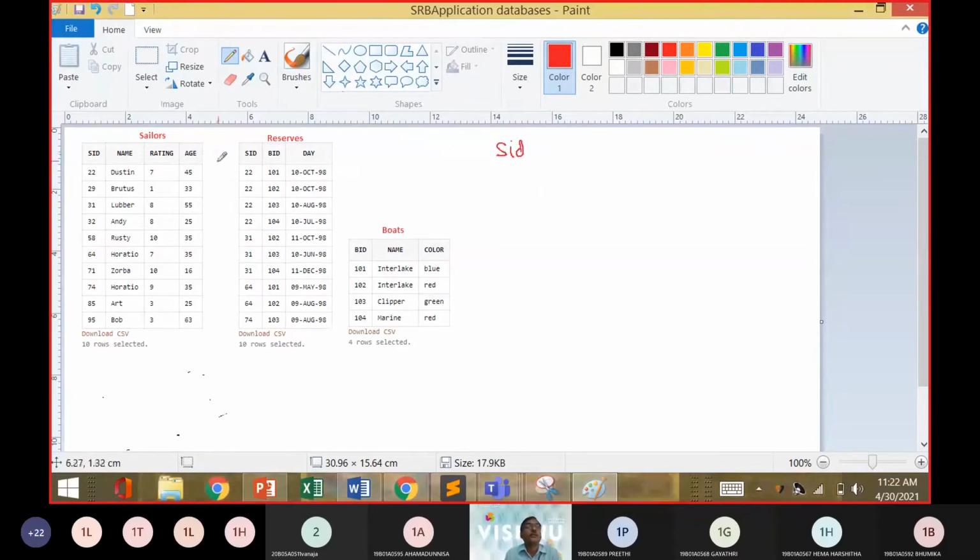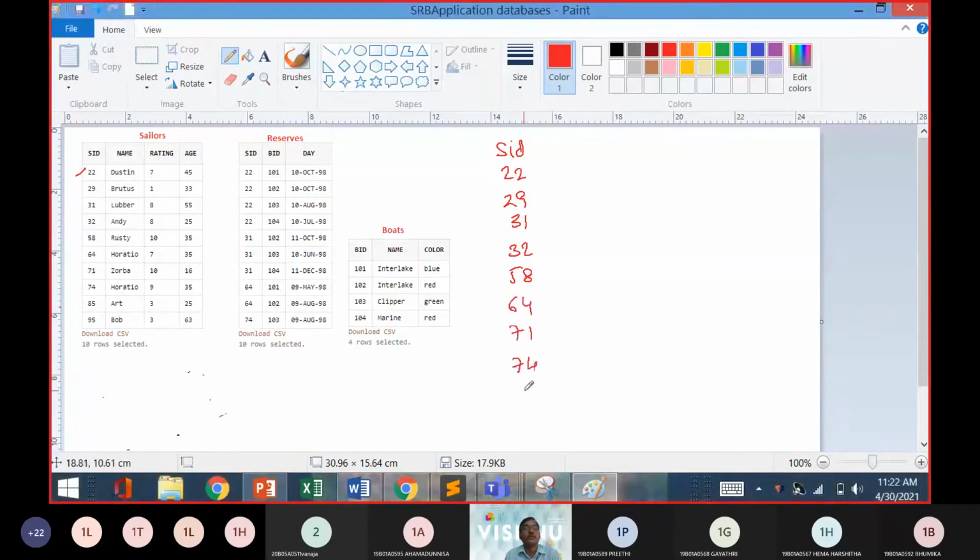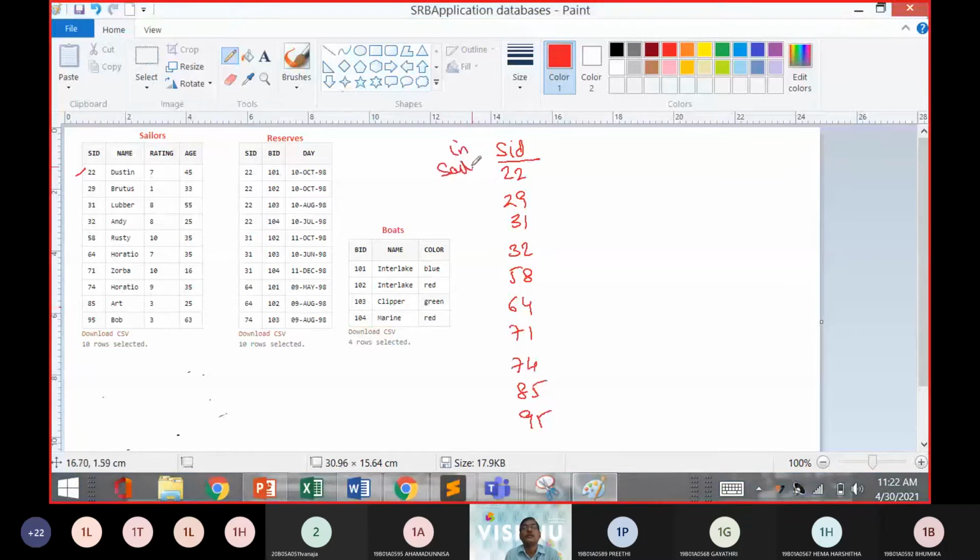What are the sailor IDs? You can tell me all these, no problem: 22, 29, 31, 32, 58, 64, 71, 74, 85, 95. So these are all the sailor IDs in the Sailors table.